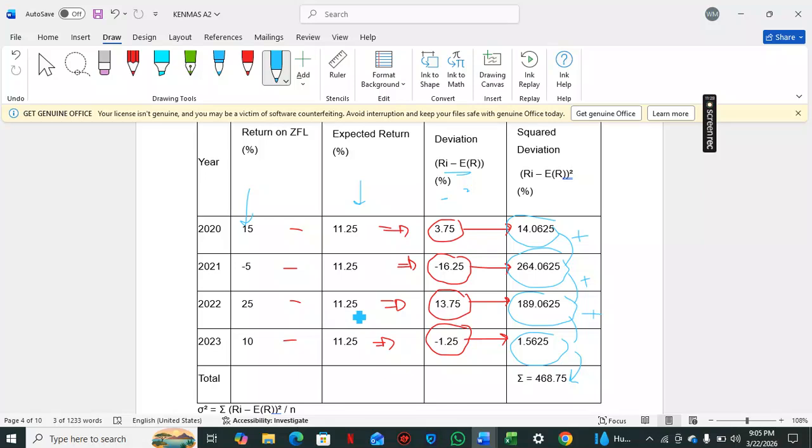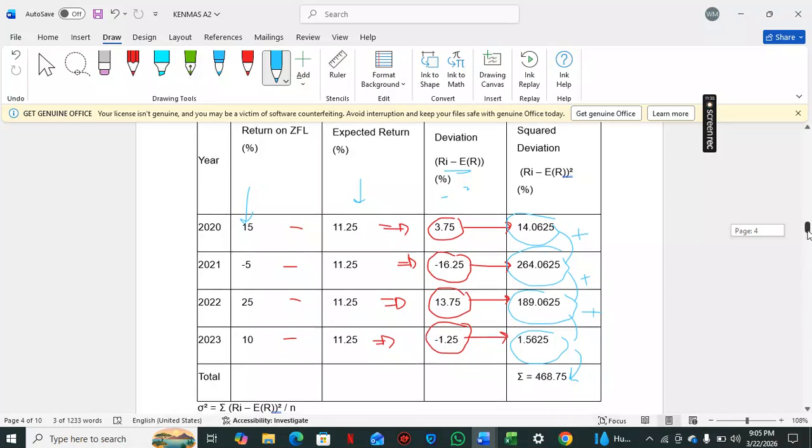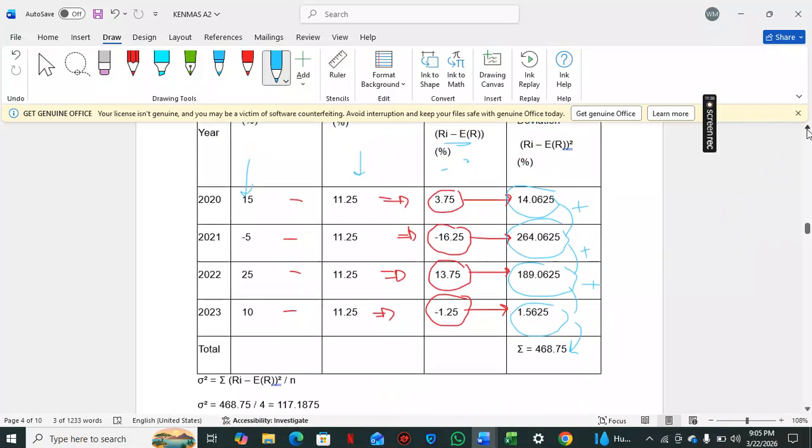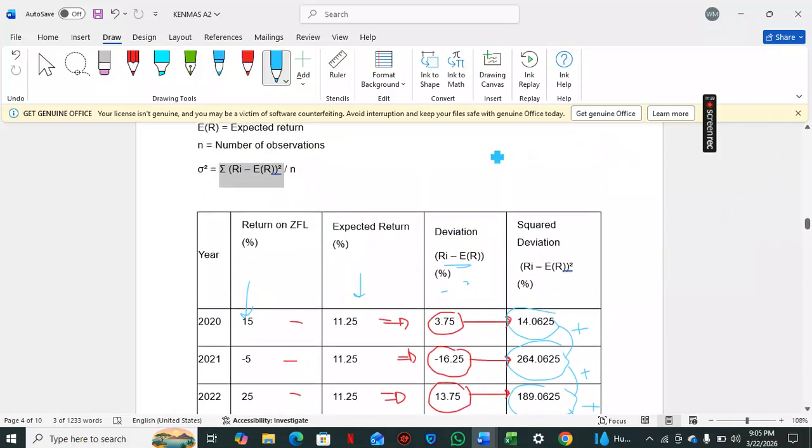Think of it as a number line like this. Your average return is 11.25. That's the average return.